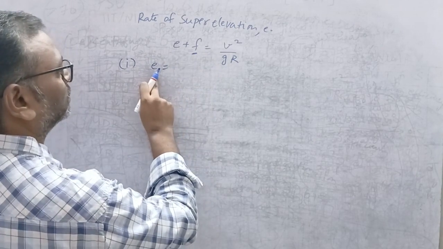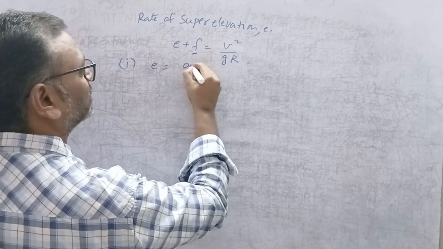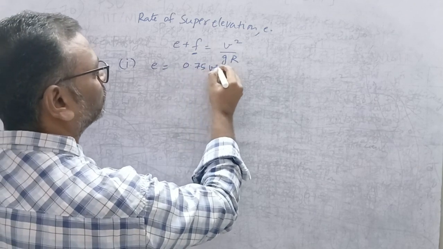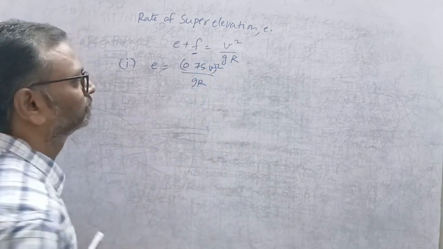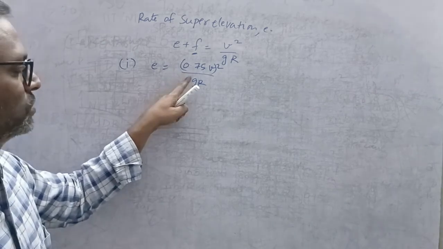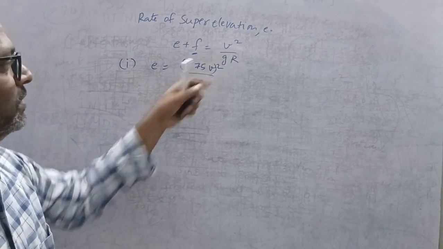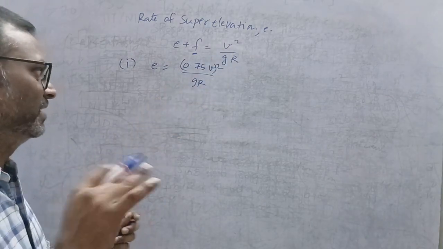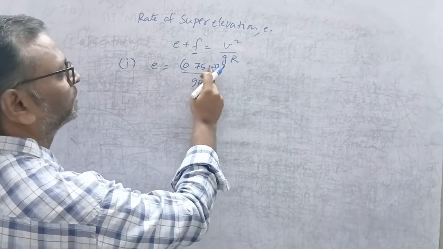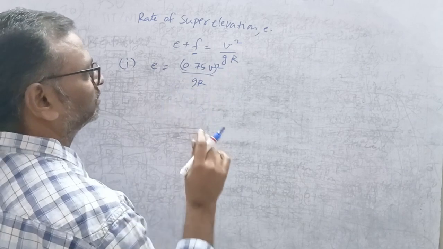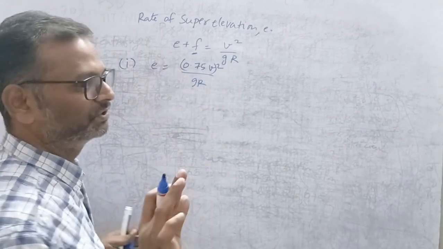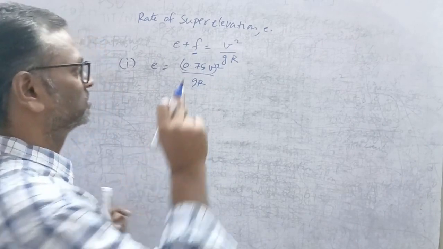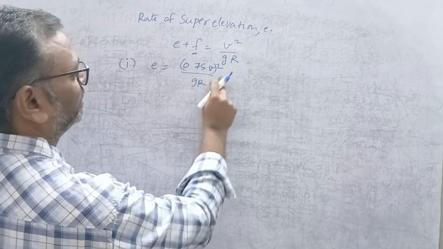Three fourths of the design speed, that is 0.75 V, is enough to counteract the centrifugal ratio, adopting no friction. So e is equal to this.